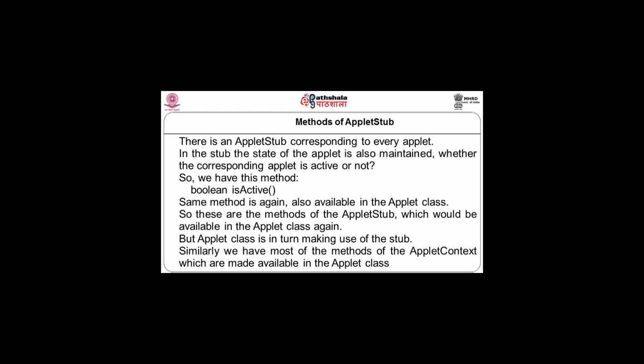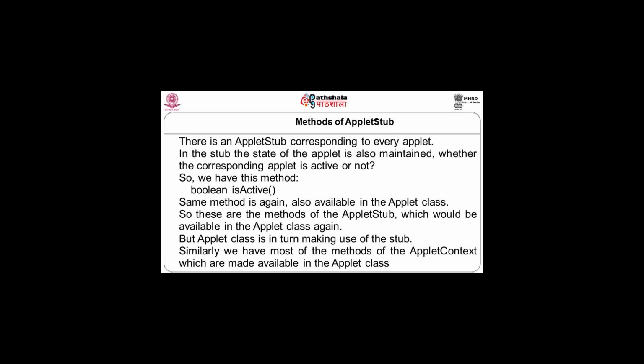So these are some of the methods of the applet stub which would be available in the applet class again, but the applet class is in turn making use of the stub. Similarly, we also have lots of methods from the applet context which are also made available in the applet class.